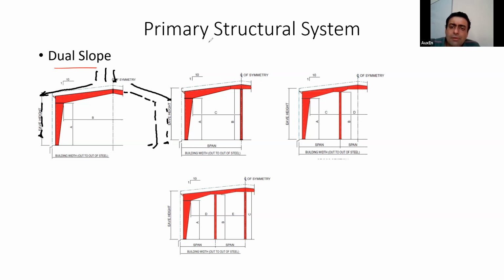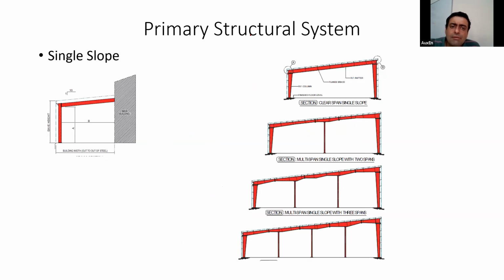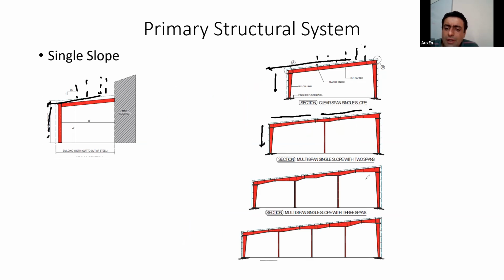In a single slope, we all understand that water will fall only on one side, isn't it? So generally, the main criteria behind deciding a single slope is when you want to have a fixed direction of water drainage.